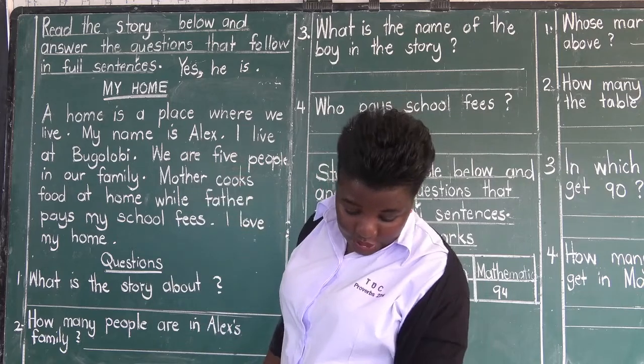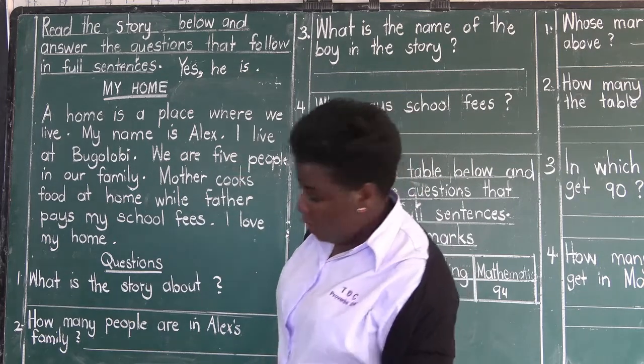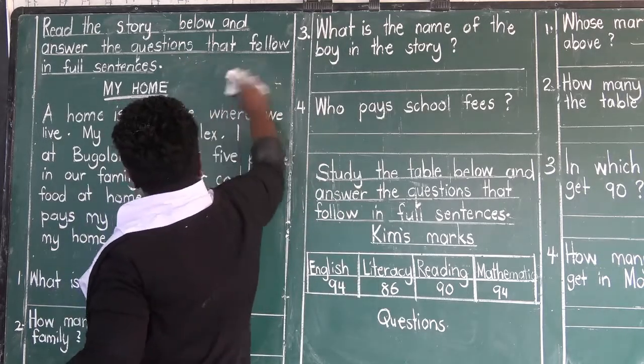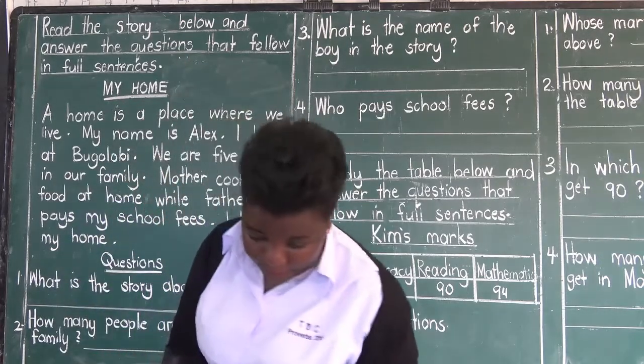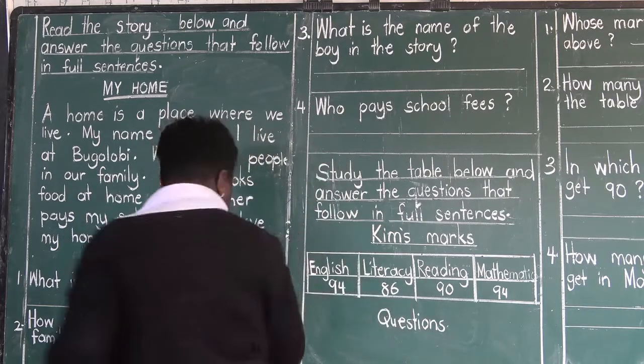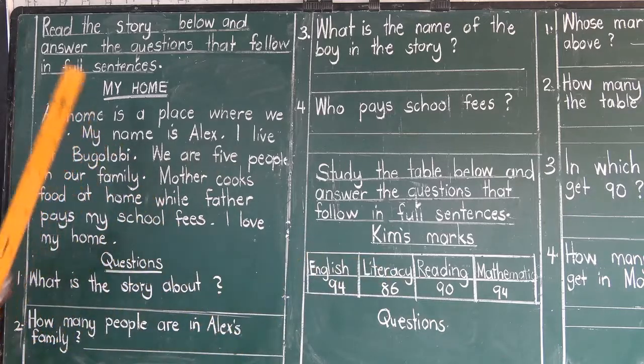We've been given a story on page 16, and that story is even written on the chalkboard here. We are going to read this story together. But first, let's read the instructions.